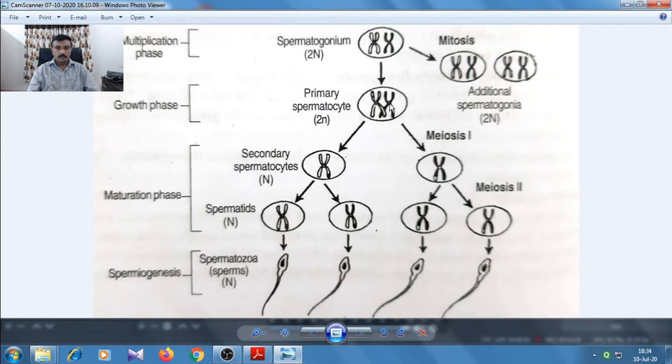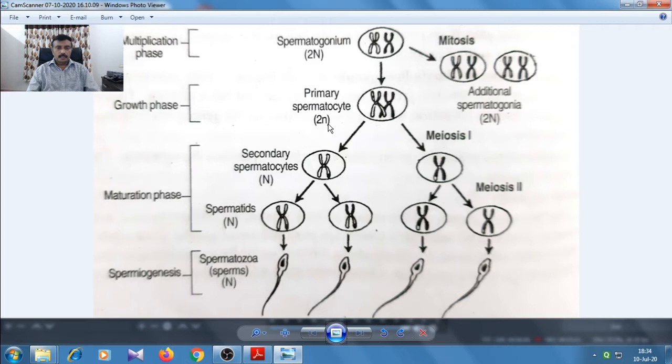It undergoes growth. It starts absorbing nutrients from the surroundings and increases in size. And now it is called the primary spermatocyte. This primary spermatocyte is also diploid in number. What is diploid? It is 2n in number.